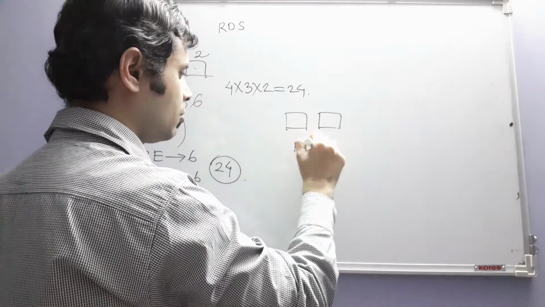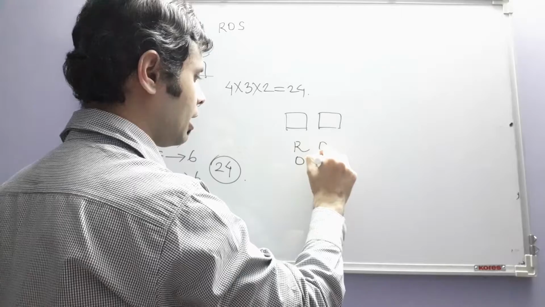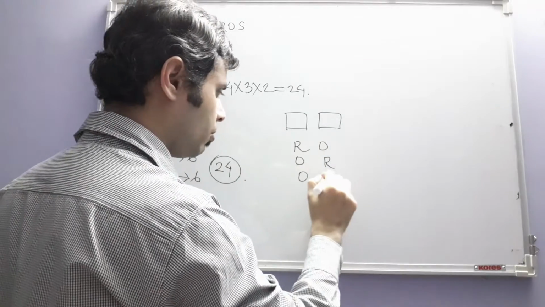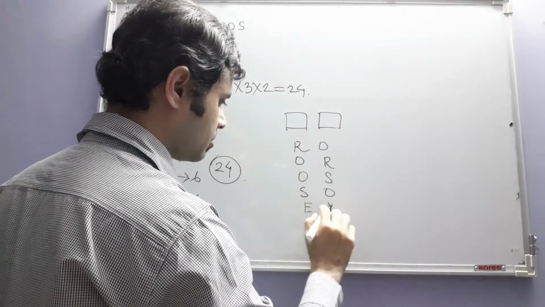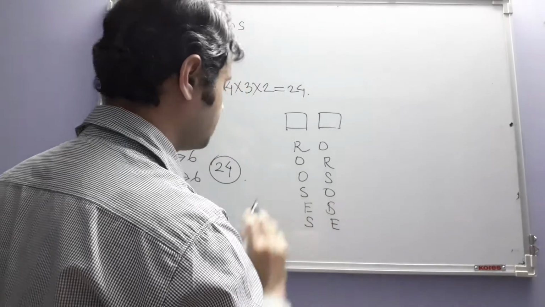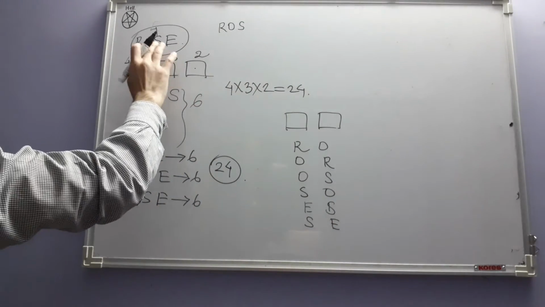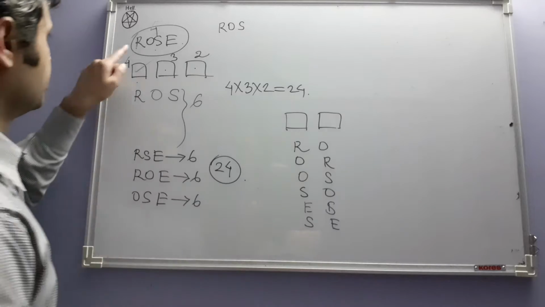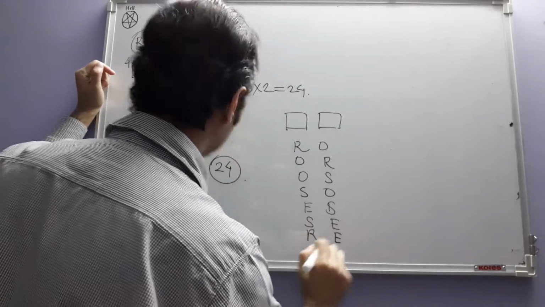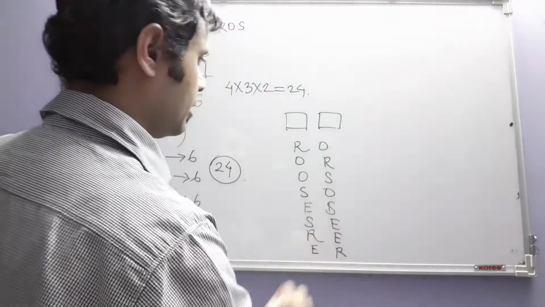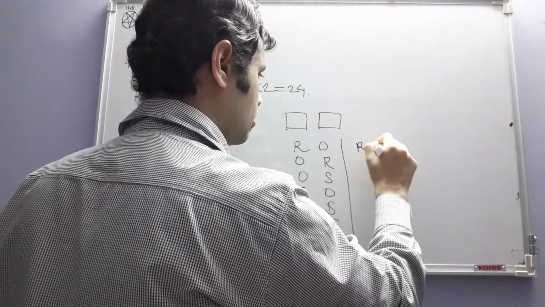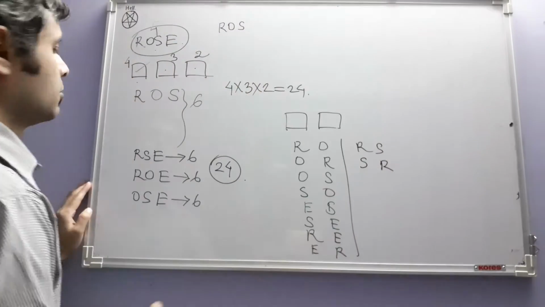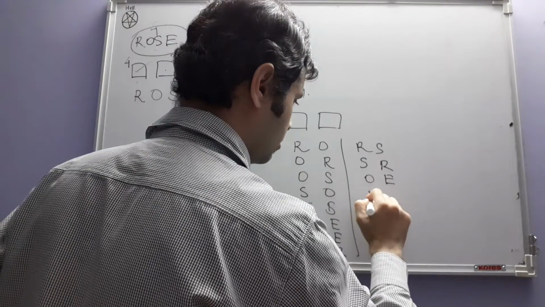I can have RO, OR, or OS, SO, SE, ES, RE, ER, and then RS, SR, OE, EO.